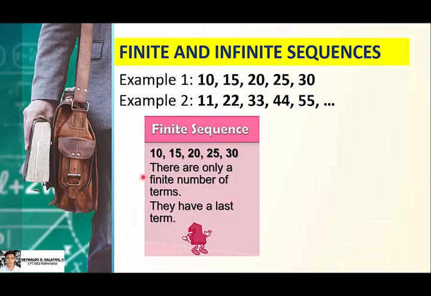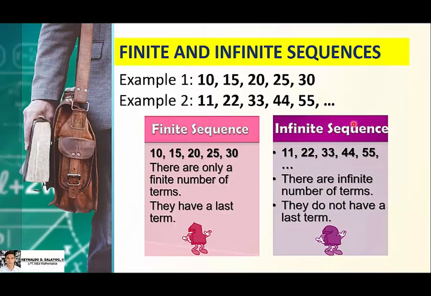However, if we're talking about infinite sequence, the second example is definitely an example of what we call infinite sequence. 11, 22, 33, 44, 55, and an ellipsis. Since it has an ellipsis, it means that the number of terms is infinite, meaning we cannot count it. Why?